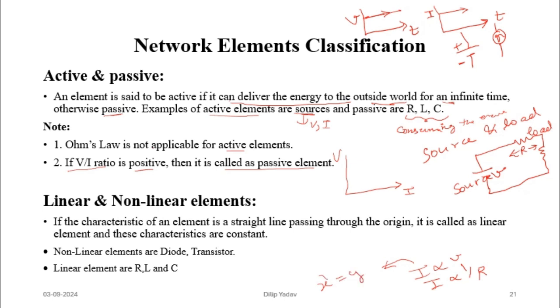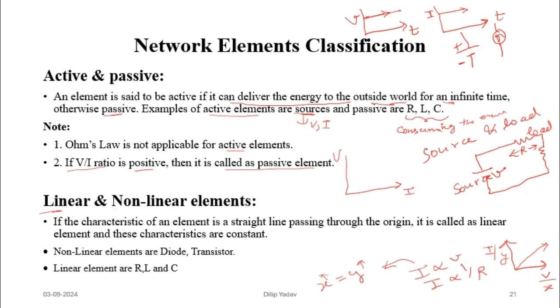If x is varying, y is varying, and the graph plotted will be a straight line. It can be I or V, or X or Y. So this is the active and the passive element.